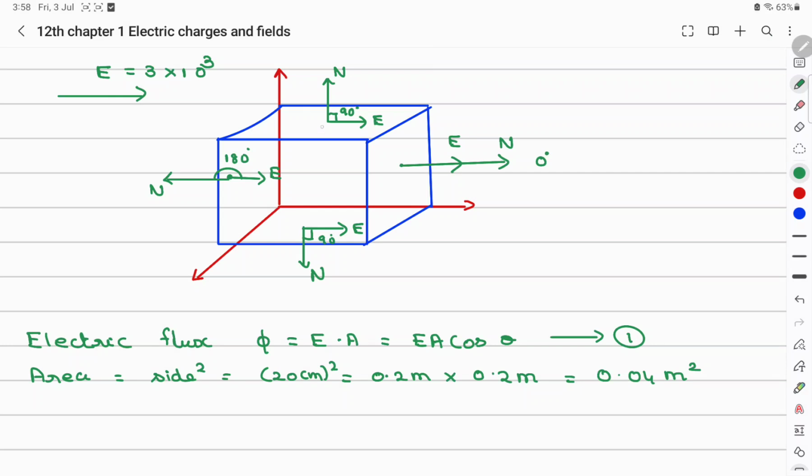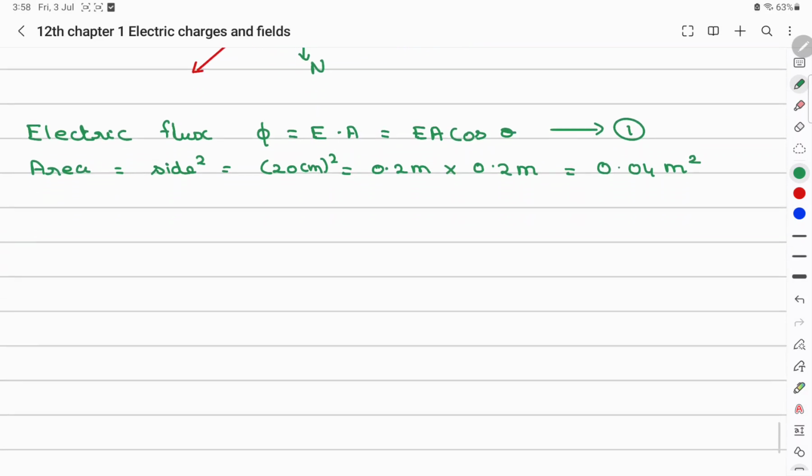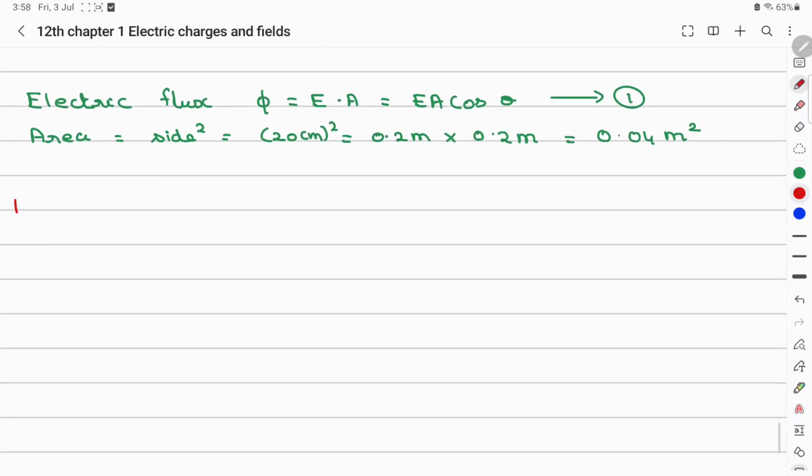For the top and the bottom faces, the normal and the electric field are perpendicular to each other. So for top and bottom face, the angle will be equal to 90 degree.